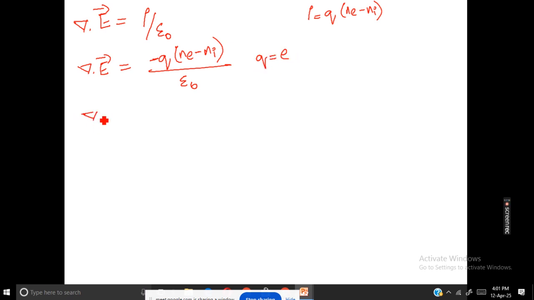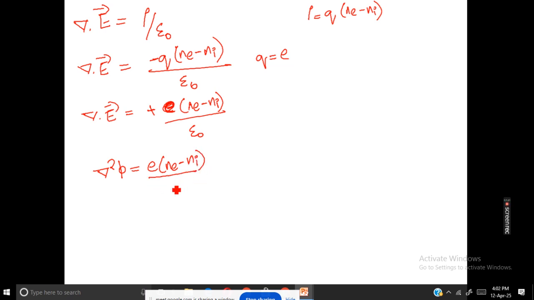So we can write del square phi is equal to e into Ne minus Ni by epsilon 0.